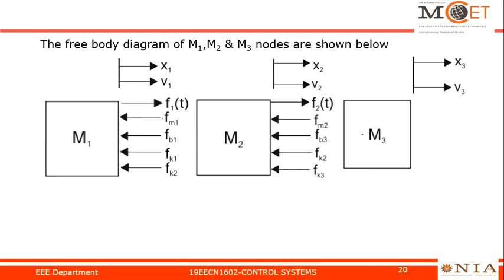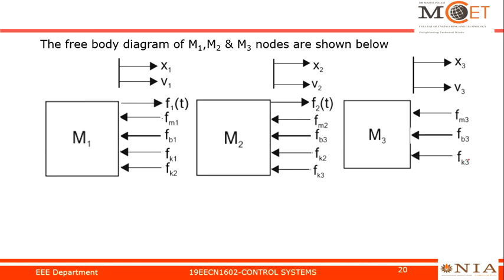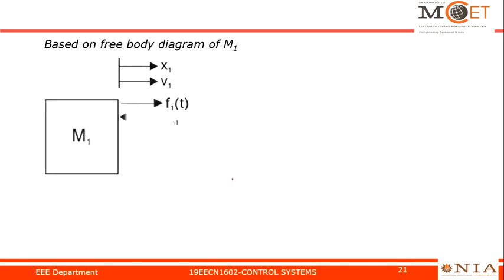And for the second node M2: Fm2, B3, K2, K3. And F2 of t is the applied force. V1 velocity, V2 velocity, V3 is the velocity for the third node. For M3 there is no applied force, only opposing forces Fm3, Fb3, Fk3.